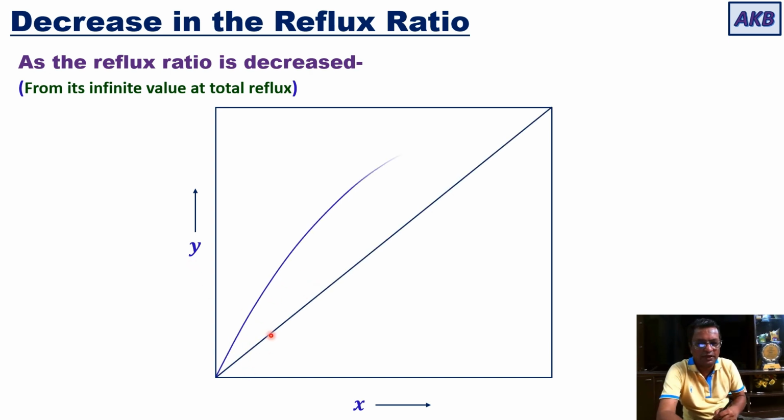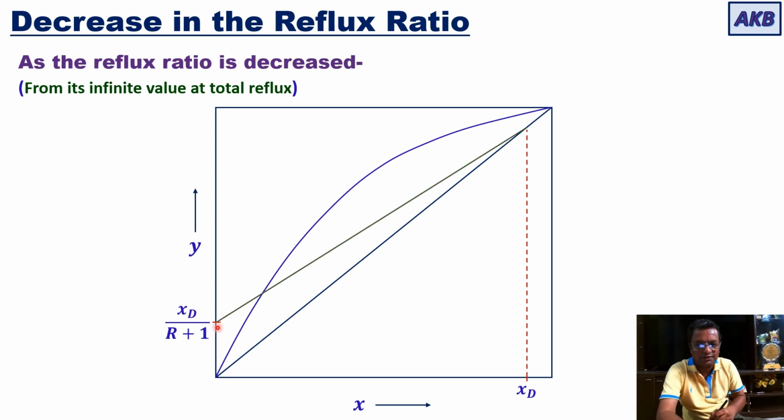So you have the diagonal line and then you have the equilibrium curve. Let us first plot the rectifying section line. It starts at a point on the diagonal which has coordinates of xD, xD, and it has an intercept of xD upon R plus 1 on the y-axis. So you have this rectifying section line.